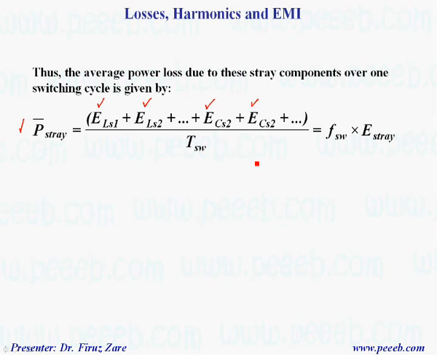So instead of 1 over switching cycle, we can write switching frequency, because this is equal to switching frequency. So that means, again, by increasing the switching frequency, we increase the total loss, but again the advantage is that we can reduce the harmonics.